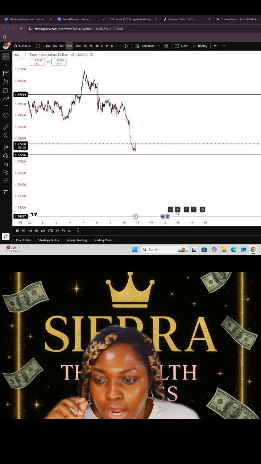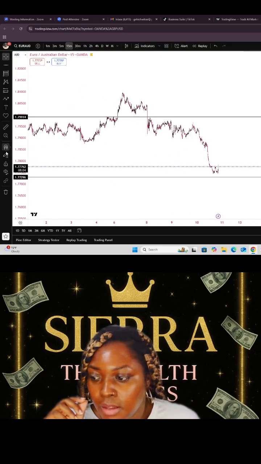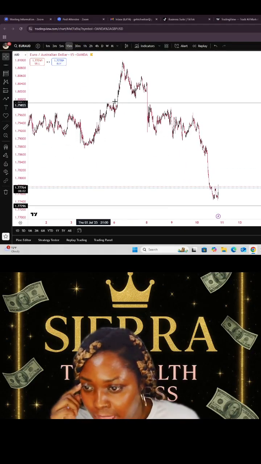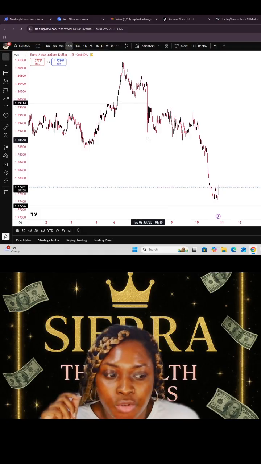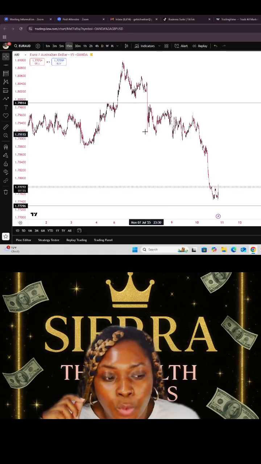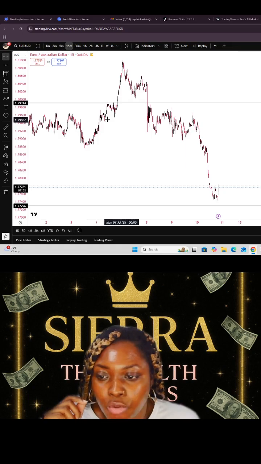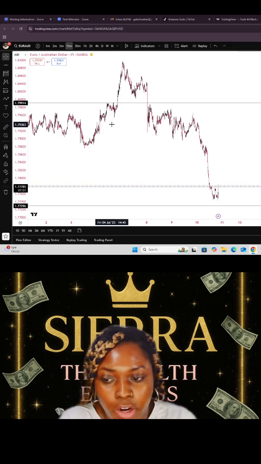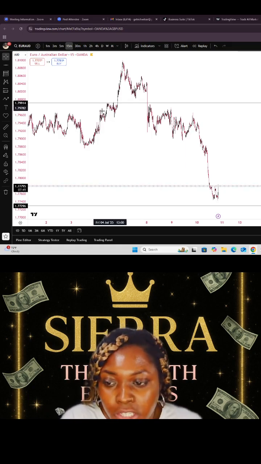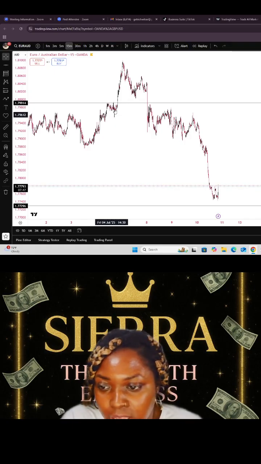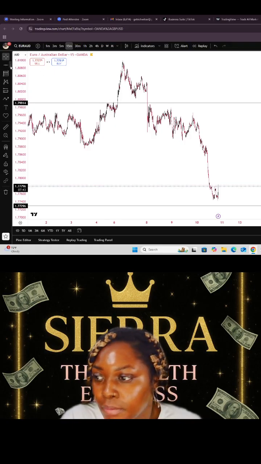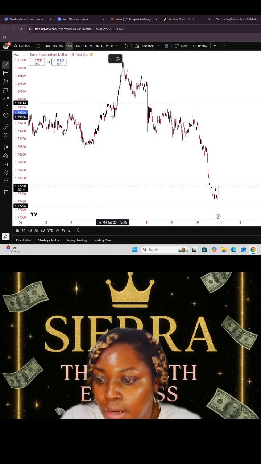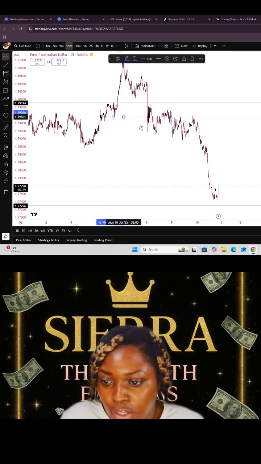Now price has ran our high. It came outside of this line. Price has come back into our line. And we want to look over here to our left for a structure point. Okay. So this is my last structure point because this area led me to my last high. Okay. So now I'm looking for this area to be broken.